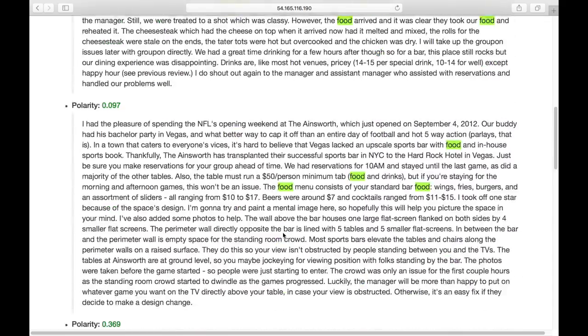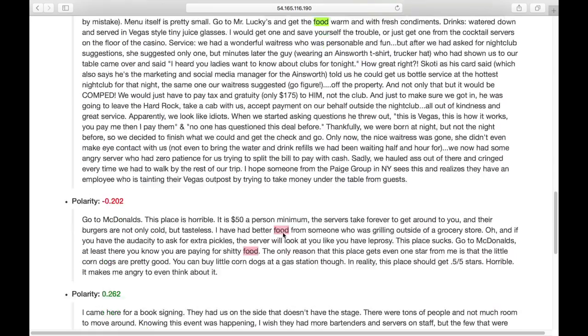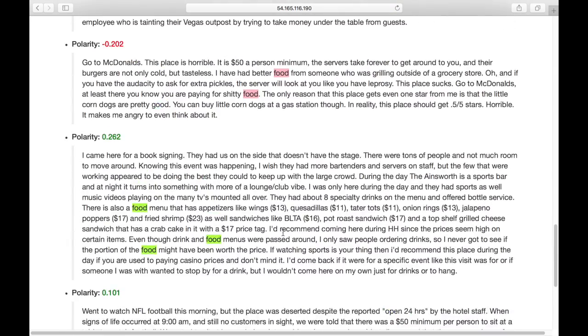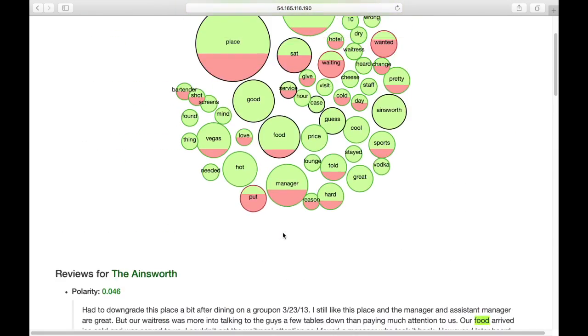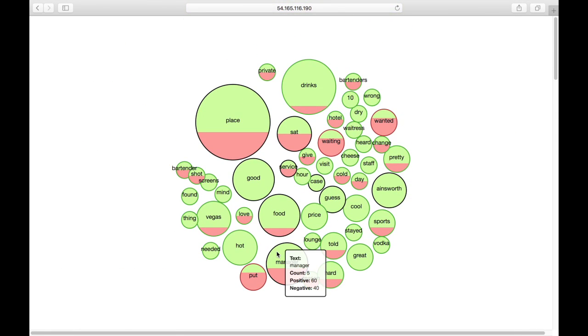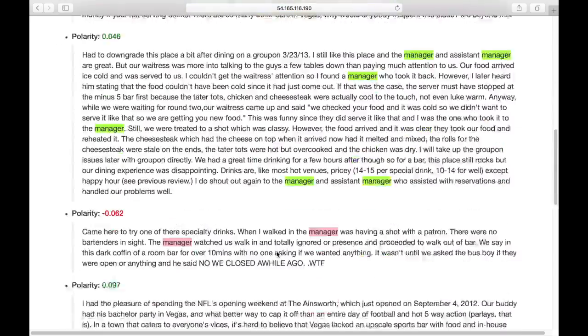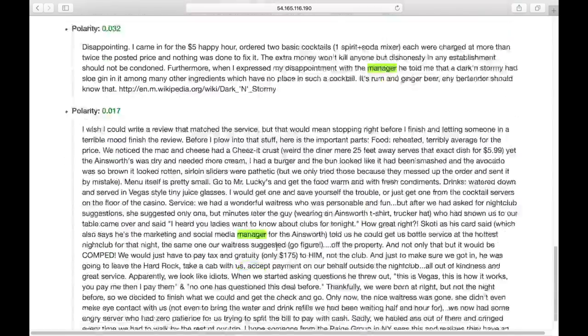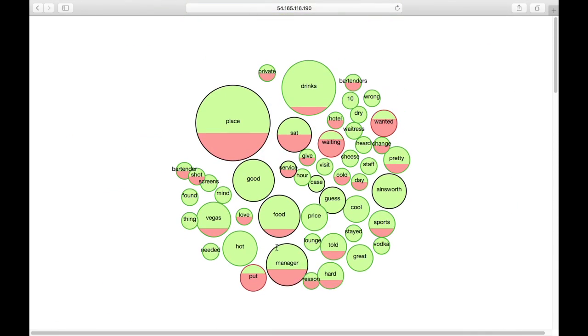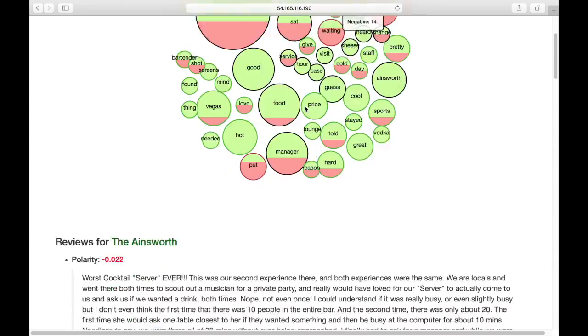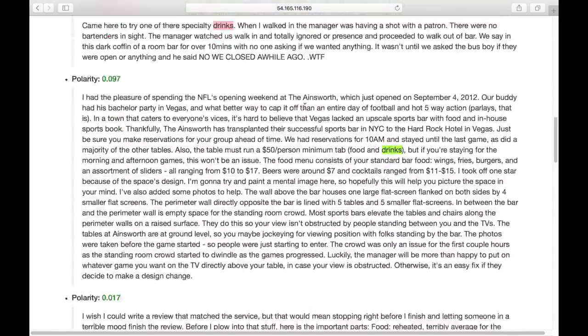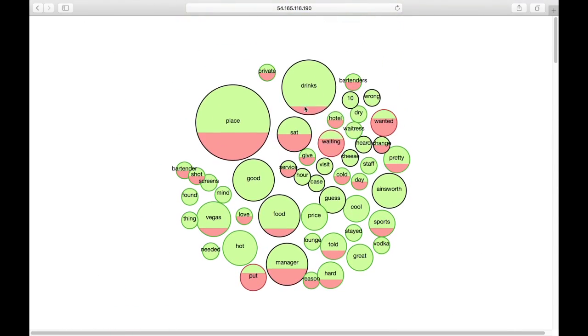It got a positive of 80. And here's a bad review of the food. What about the manager? Well, we see some bad reviews of it, so it's not very good. What about its drinks? Well, the drinks seem to be good.